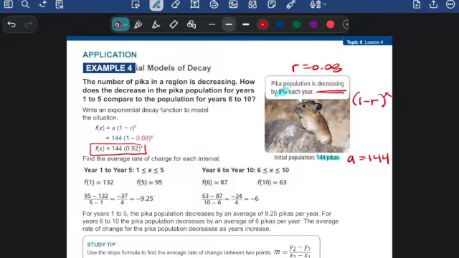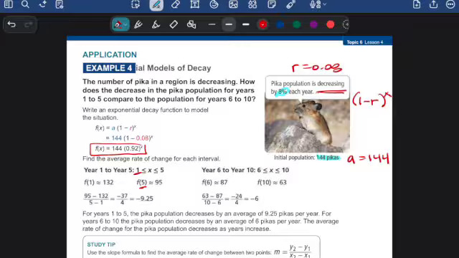So if we do f of 1 for the first time, and then f of 5 is the other input, the endpoint of that interval. And we just plug that into our formula. So f of 1, if we type it in, 144 times 0.92 to the 1, and then do the same thing for f of 5, for x equals 5.